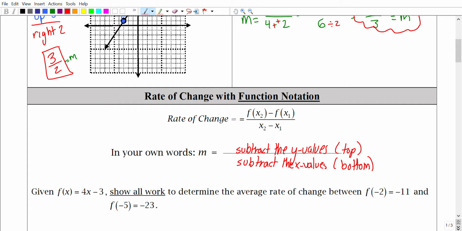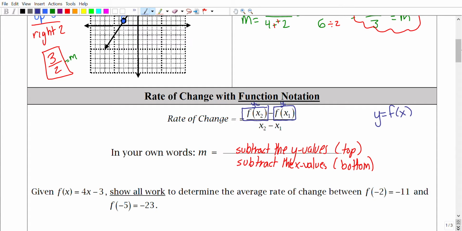Okay, now why did I just suddenly start calling those y values? Well, we've talked about, guys, that if an equation qualifies as a function, then we are allowed to say that y equals f of x. Okay, meaning that this right here is really y2, and this one here is y1.